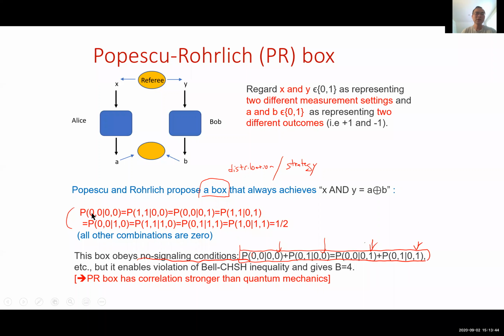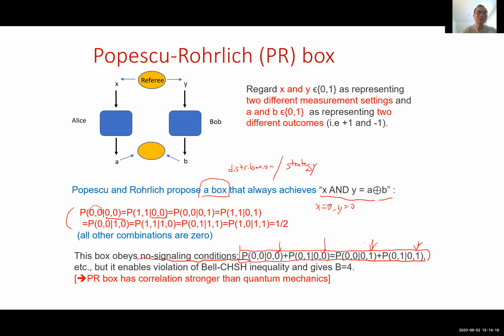But you can see here, you can check whether this would give rise to winning. Let's say if x is 0, y is 0, so 0, 0, 0, 0, right? The probability, there are only two possibilities.